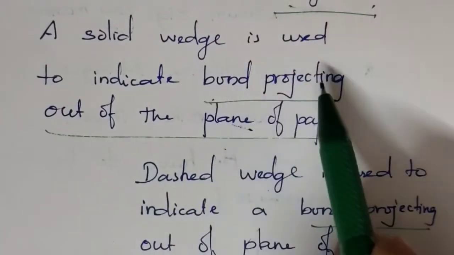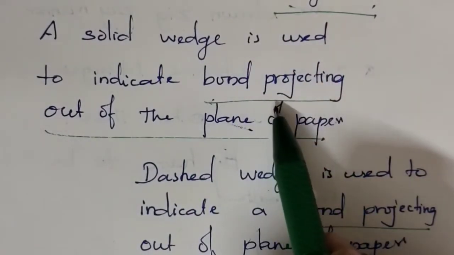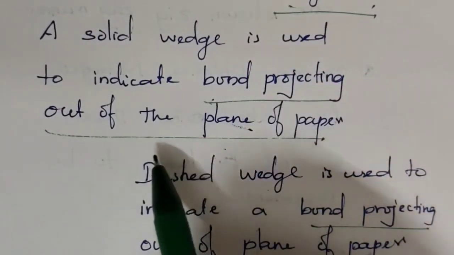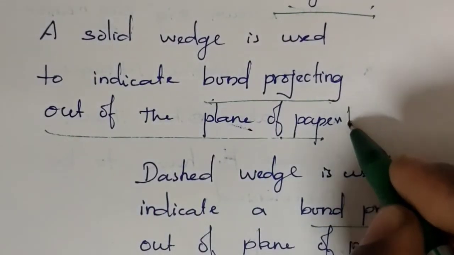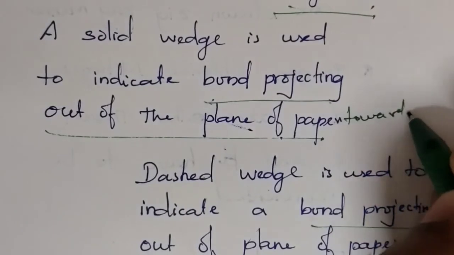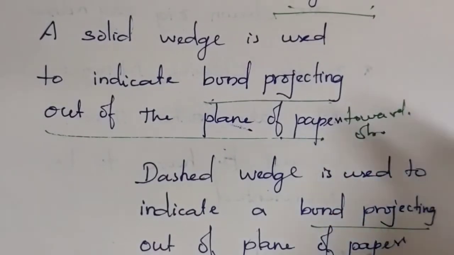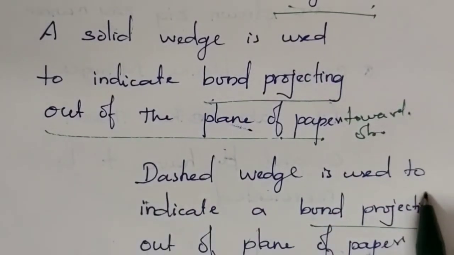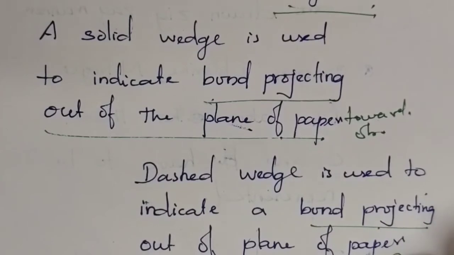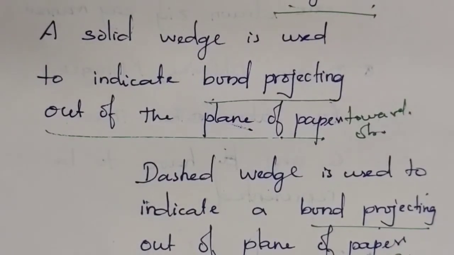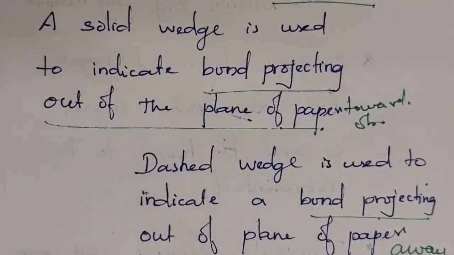The solid wedge is used to indicate the bond projecting out of the plane of paper towards the observer. This is towards the observer. Whereas the dash wedge is used to indicate the bond projecting out of the plane of paper away from the observer. It is for indicating three-dimensional structure on two-dimensional paper.